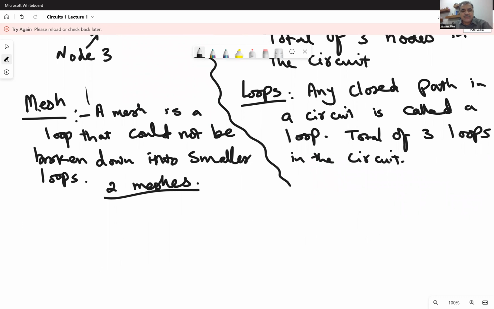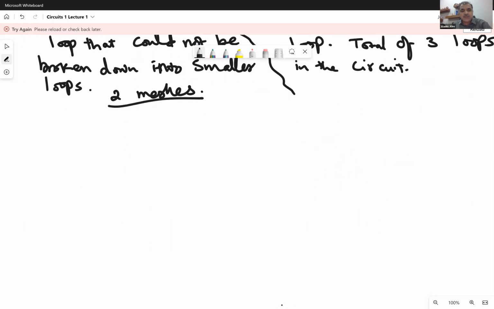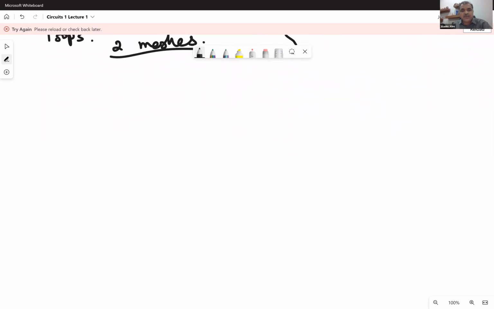Okay. So based on these nodes and meshes, there are two techniques for circuit analysis, and those techniques are described in Kirchhoff's laws, and we will briefly talk about it here.